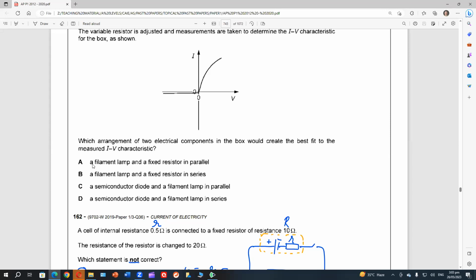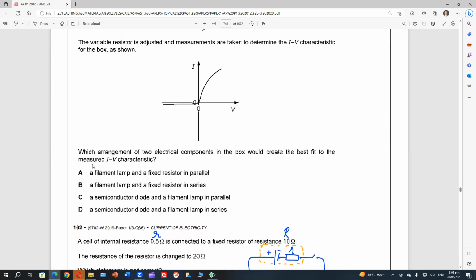Now, this sketch appears to be a diode because on this portion, one side is stopping the current. So this portion is reverse bias.